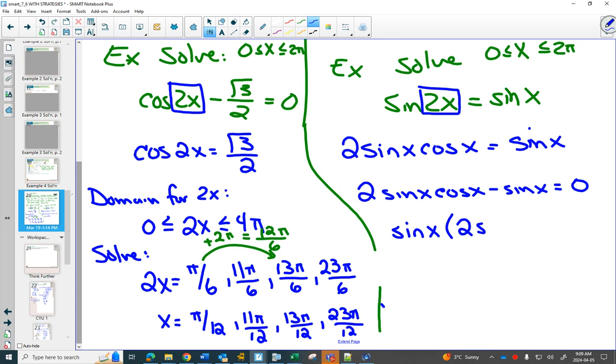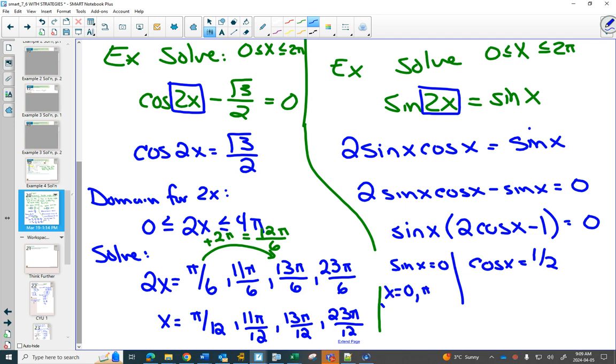And this idea of factoring comes up on that first take-home quiz that I gave you. It's either in the first one or the second one. So sine x could equal 0. Cos x is equal to half. 0, pi, and 2 pi.